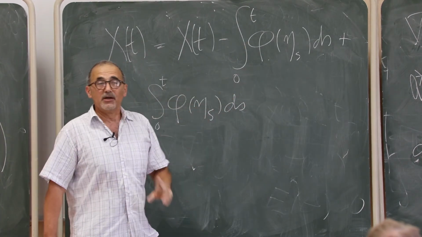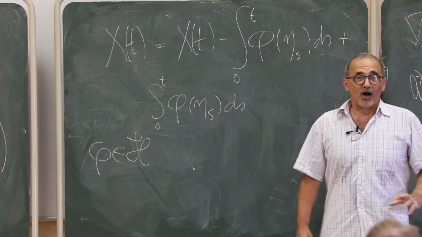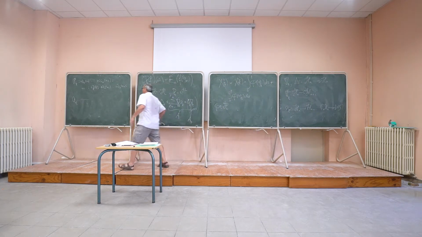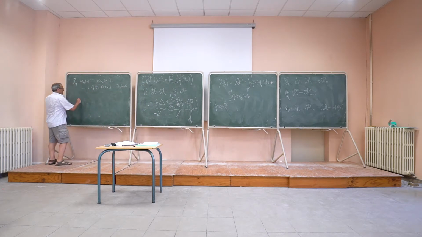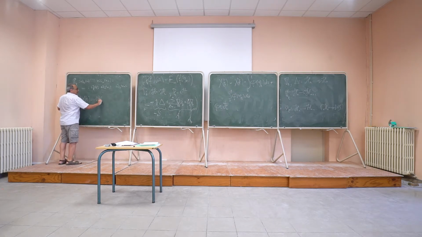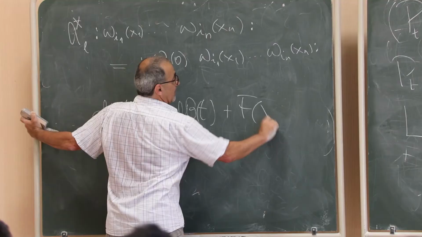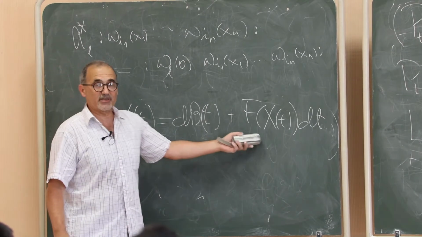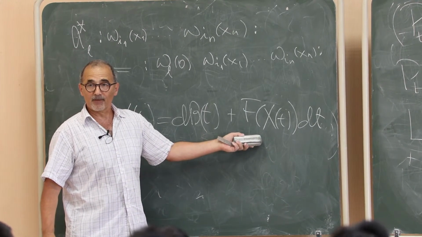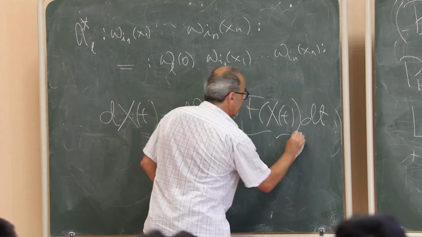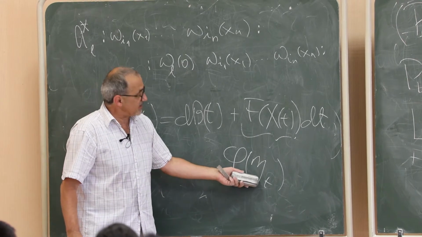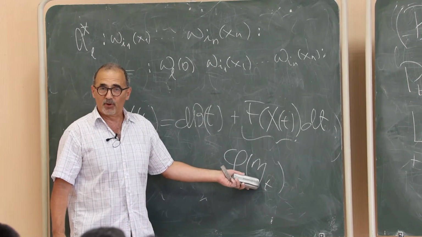Anybody want to help me find this phi? It's a simple object. How should I remember what the stochastic differential equation was? The stochastic differential equation was dX_t equals dB_t plus f(X_t) dt. So the infinitesimal drift is this guy, right? But this is exactly phi of eta_t.